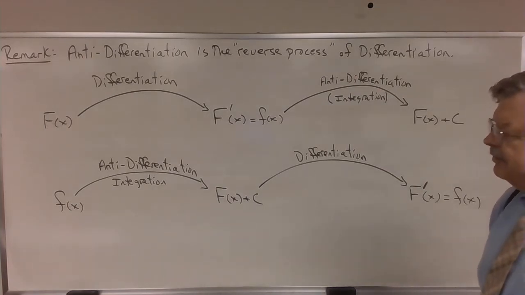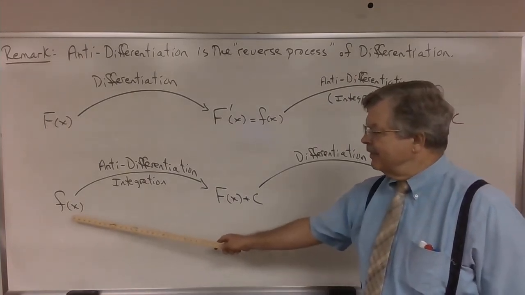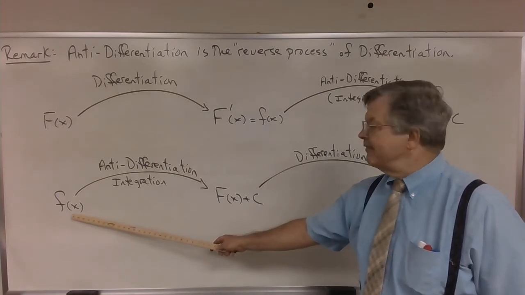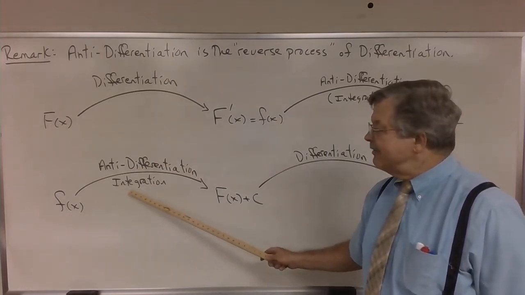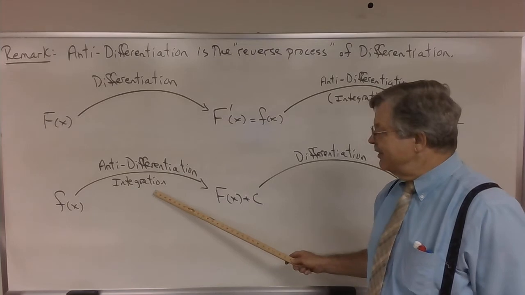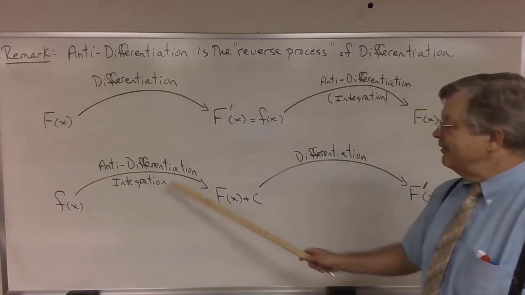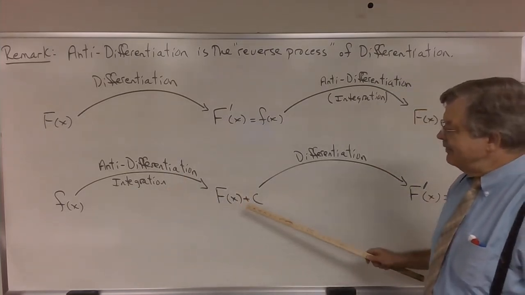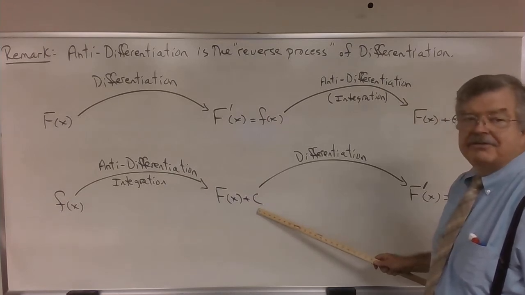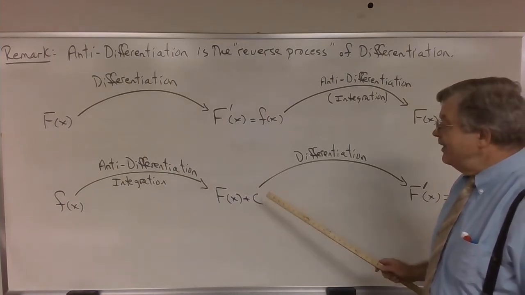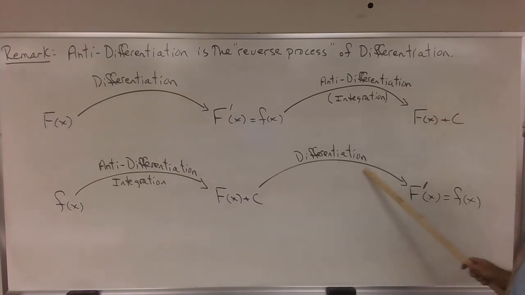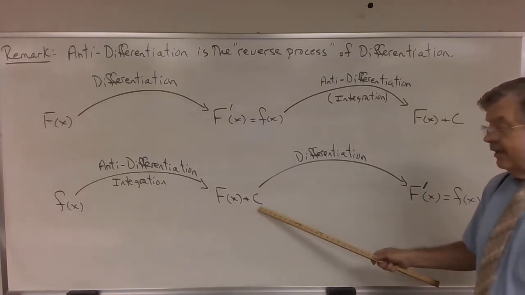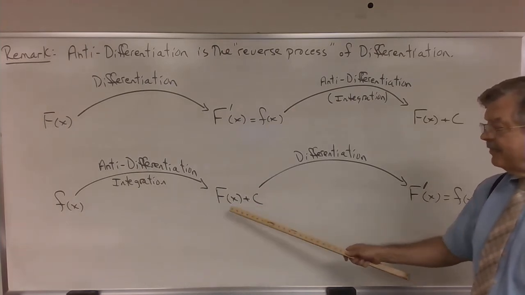Let's suppose we do this in the reverse order. We start with the function little f of x, and we antidifferentiate or integrate. If we integrate, we get capital F of x plus some constant c. And then suppose we follow that up by differentiation, computing the derivative. C is a constant, so the derivative of c will be 0.